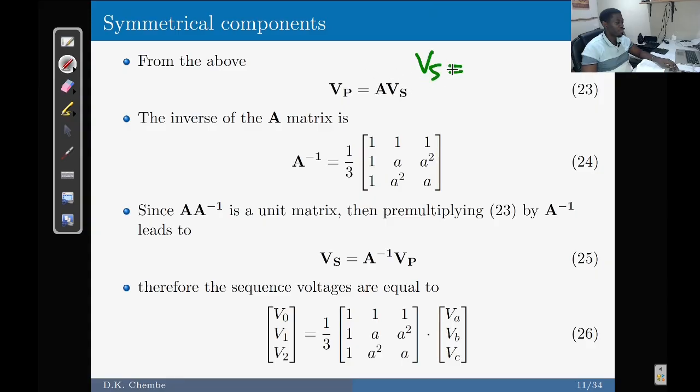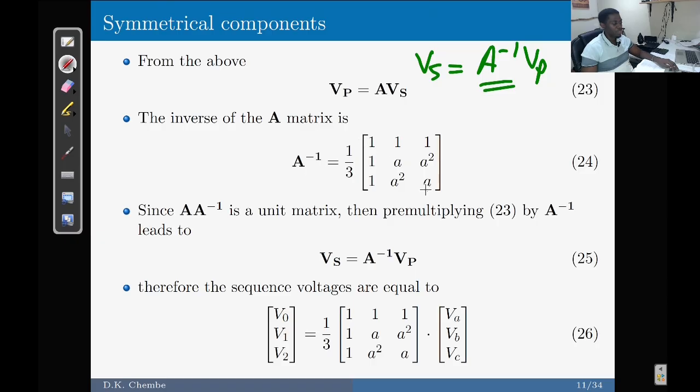Vs can be found from A inverse multiplied by Vp, which is the phase voltage. And then when we take the inverse of A, it will give us 1/3.